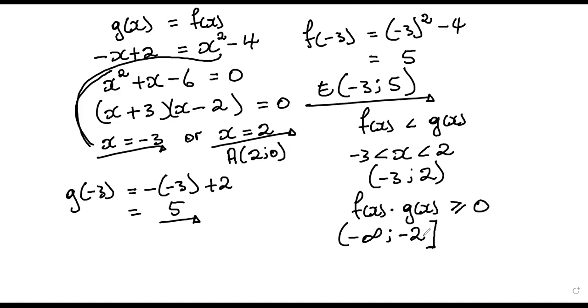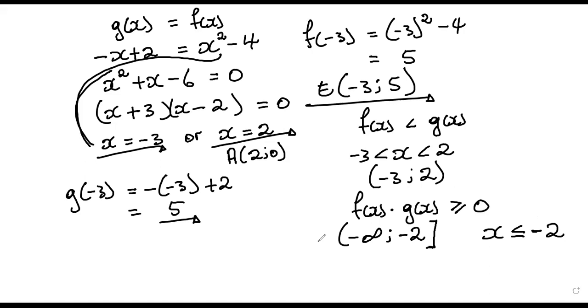So the alternative notation for this, you can say it's any value of x that is less or equal to negative 2 like that. So you'll just choose which notation works for you. Okay, that's fine.